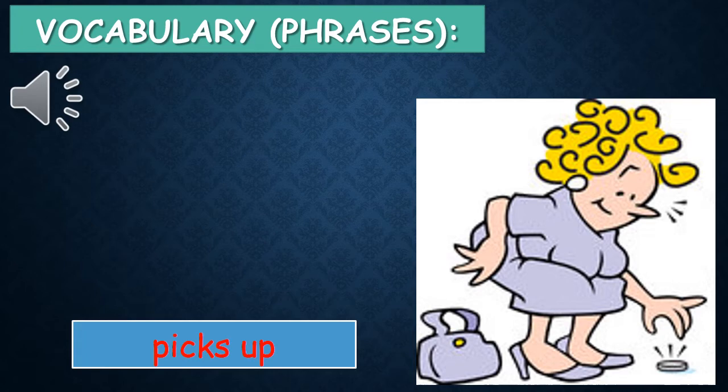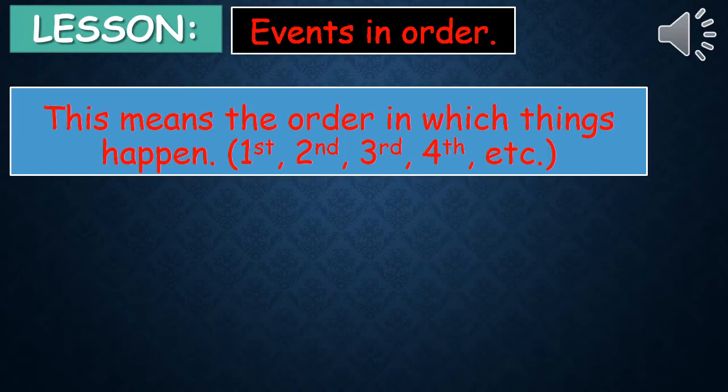Let's move on to our lesson for today. All right, on to our lesson section for today. Today's lesson is looking at events in order. Okay, so this means the order in which things happen. For example, first, second, third, fourth, and so on. So, who came in first? Who came in second?